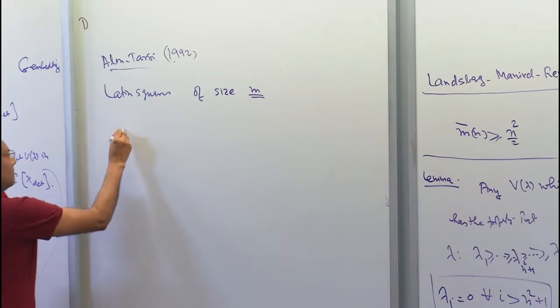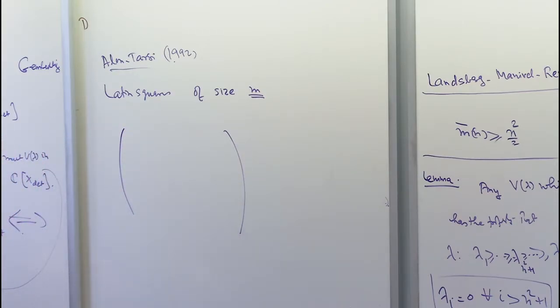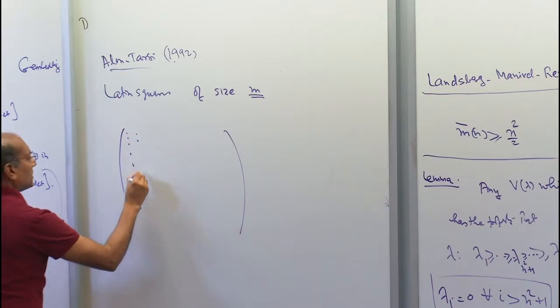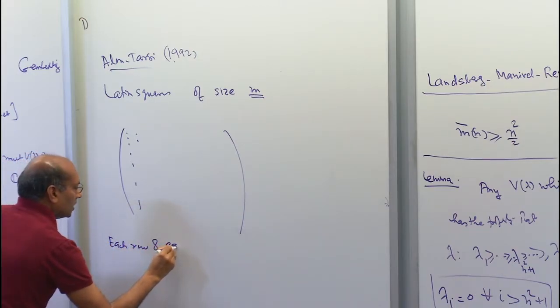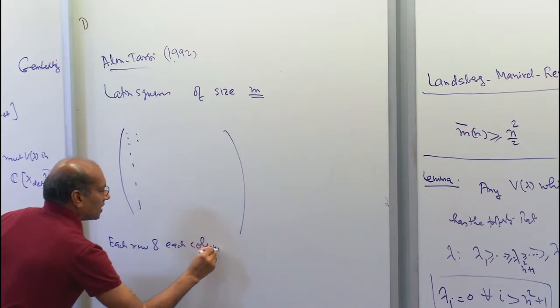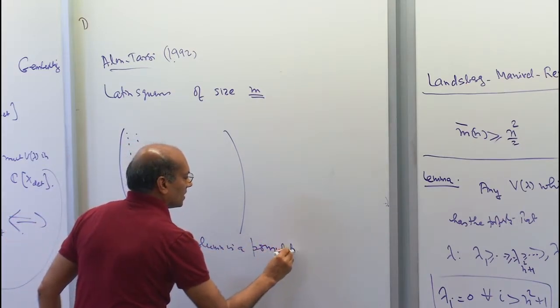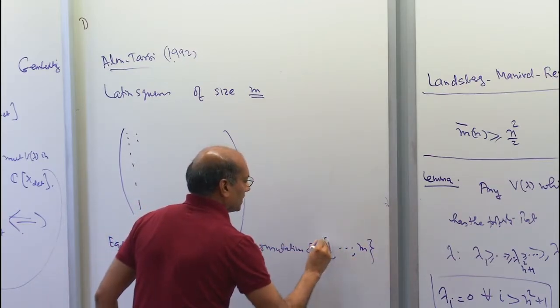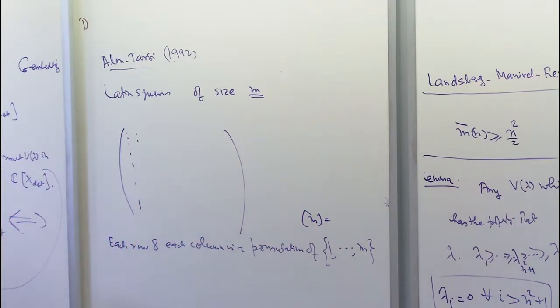So what is a Latin square of size m? It's an m by m matrix, an m by m box, where each row and each column is a permutation of 1 through m.